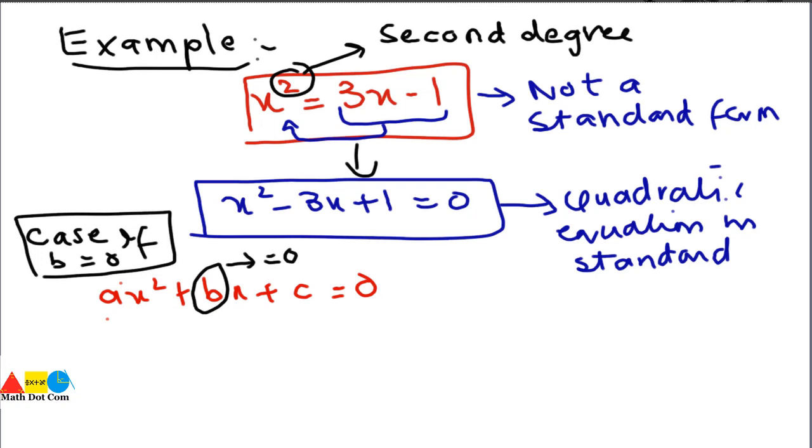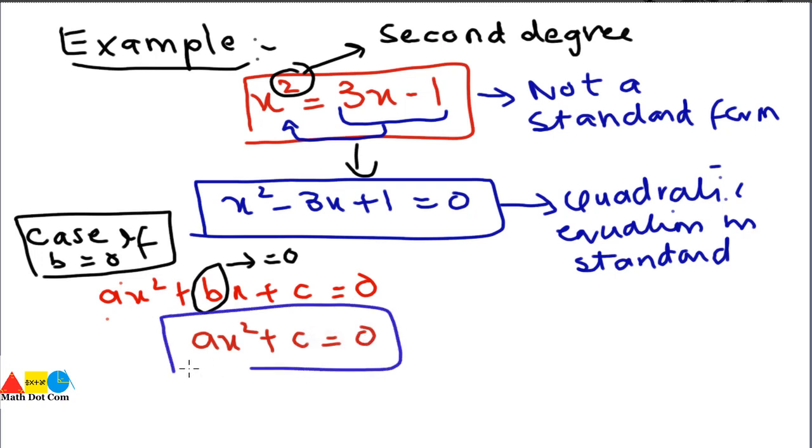We will get an equation ax square plus c equals 0. This equation is called a pure quadratic equation. Keep in mind that you will get a pure quadratic equation in case the coefficient b is equal to 0.